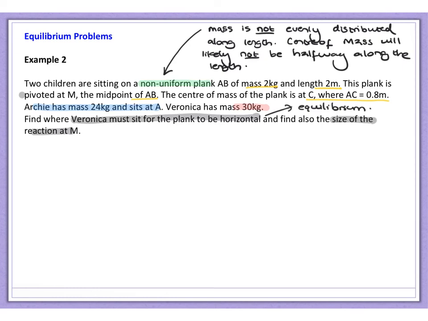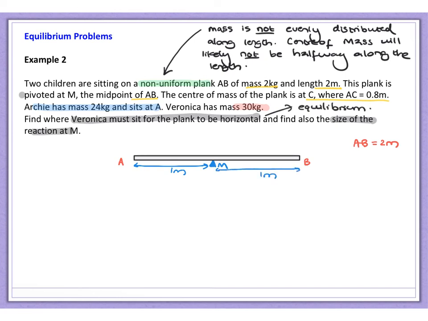So I'm going to start off with drawing my non-uniform plank here. So it's AB, and again I'll just write down by the side that AB equals 2 metres. Now the plank is pivoted at the midpoint, so let's mark on that midpoint, which I believe is called M. And we know that that's halfway along, so that's 1 metre, and this distance from here to here is also 1 metre as well.